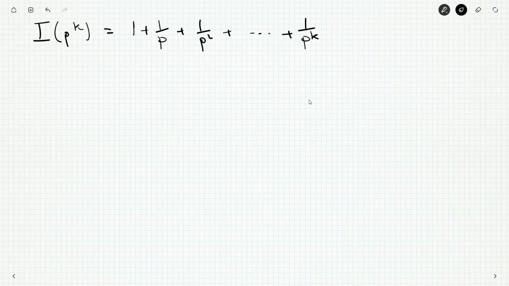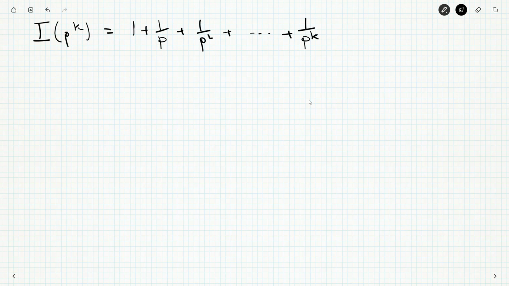What shall we do? My formula has not been the most helpful. So I'm going to take a look at this. This is also a geometric series.